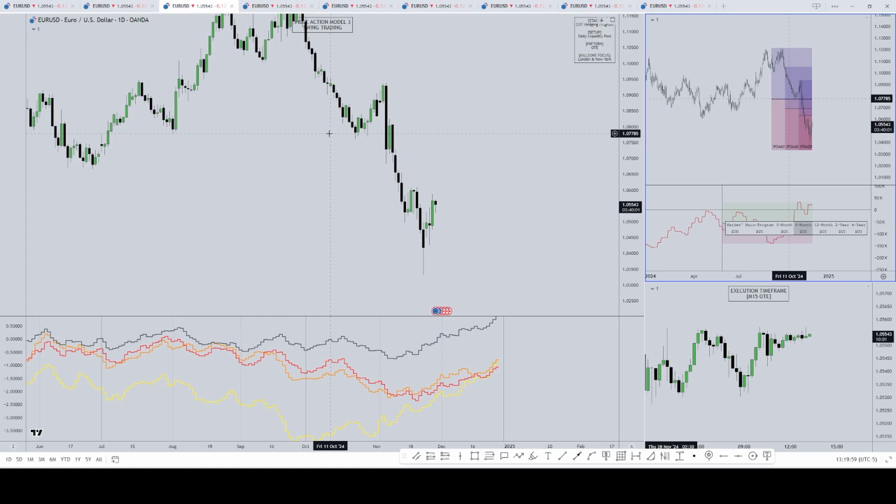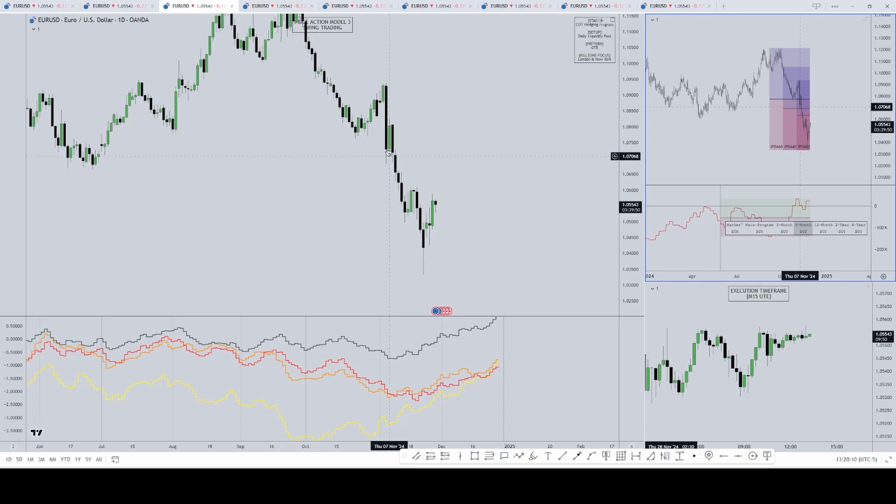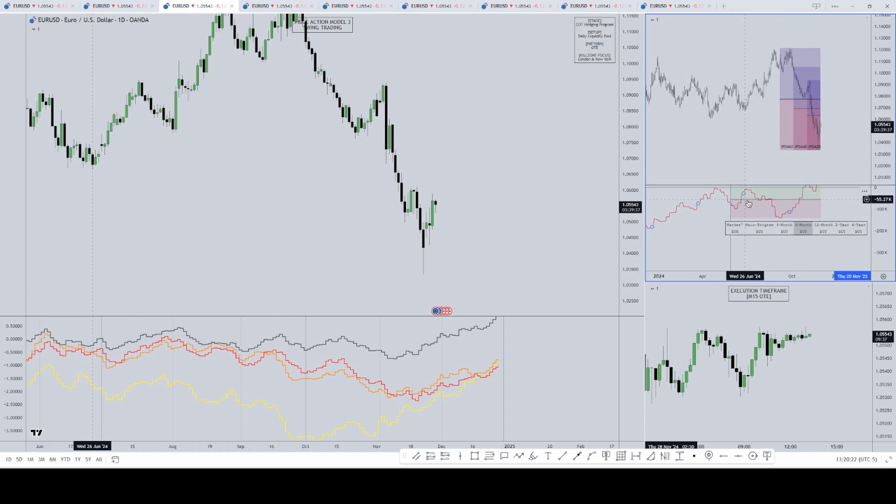The commercials are the ones that supply the market essentially, right? They are the market makers. So they are most likely always opposed to where the market is going, right? So as the euro is going down, you will see the COT going up, right? Because they are always hedging, they're always at the other side of the market. So we can often see divergences happen within those, right?